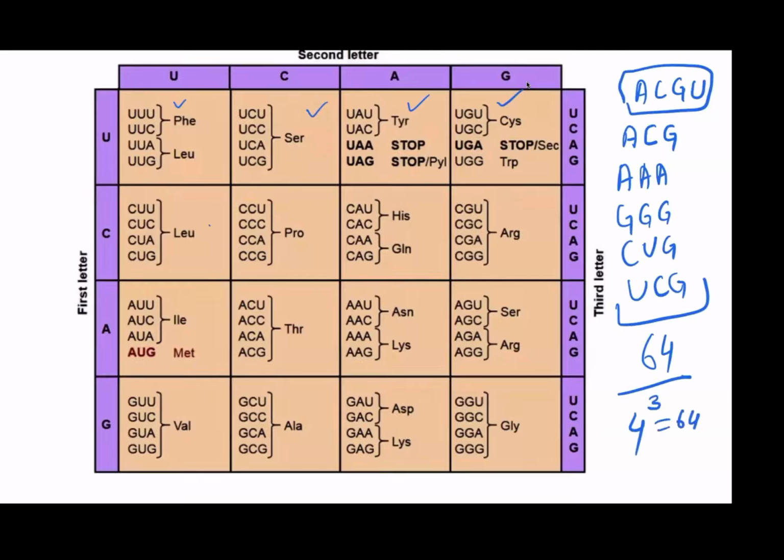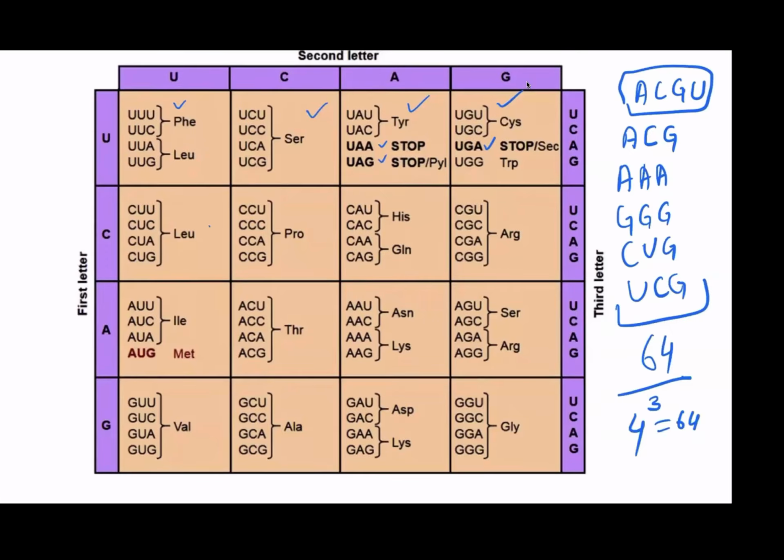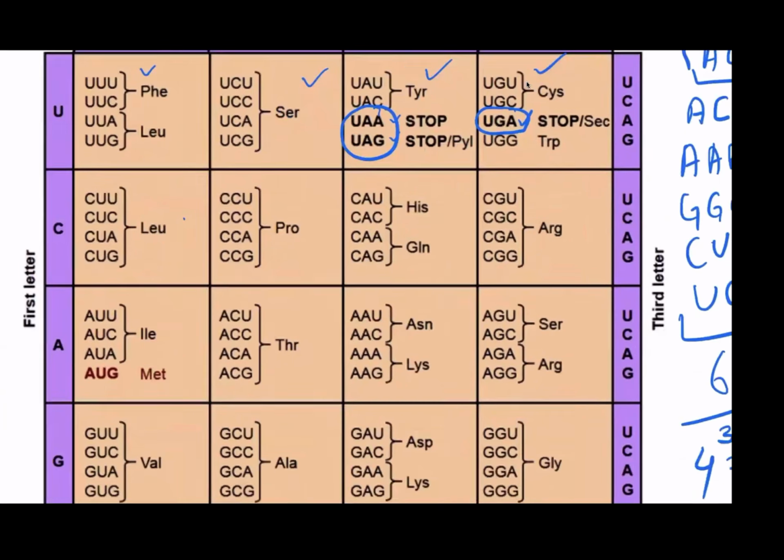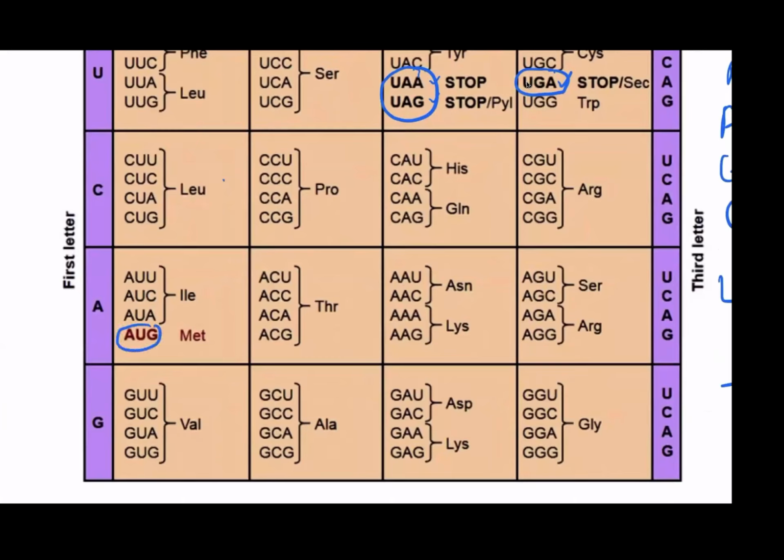Out of 64, these are 3, UGA, UAA, and UAG. They do not code for any amino acid. We call them stop codons. So the ribosome stops adding any amino acids to the growing chain. AUG is known as a start because all proteins start with methionine. It codes for methionine as a first amino acid.